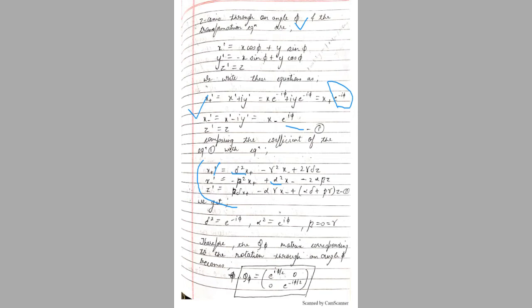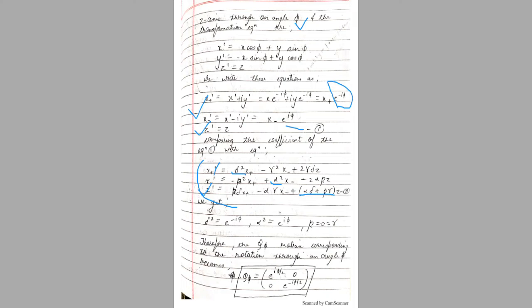Now I will use this equation, z dash is equal to z. If you observe this and this equation, you will see that it has only the z term. So obviously, in order to get the z term, this has to be 0, that is beta into delta and alpha into gamma have to be 0, and this value has to be 1.